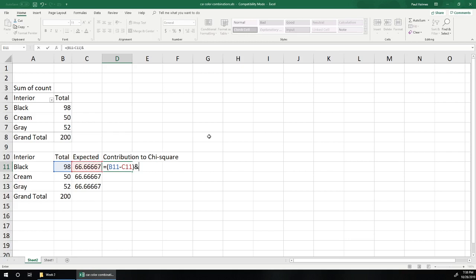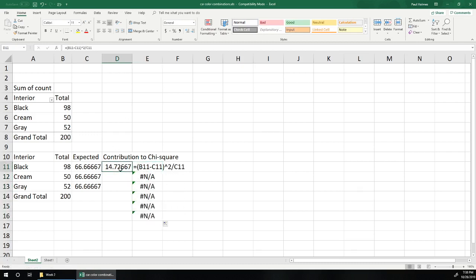Square that and divide by what we expected. Divide by the expected value. So there we go. Let me show you that text. Okay.